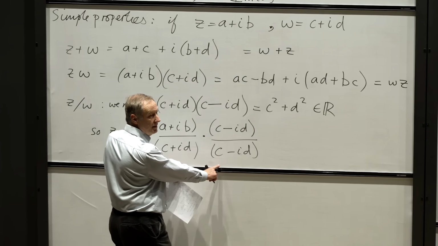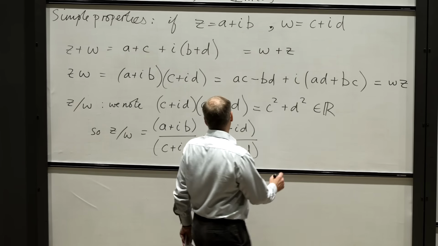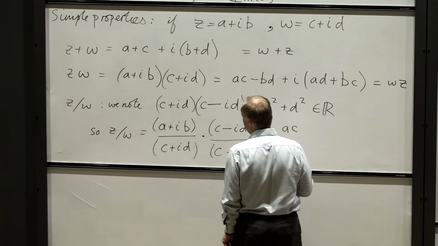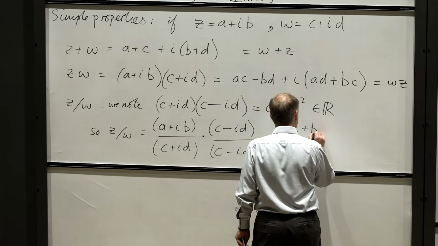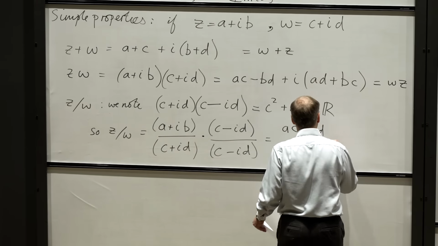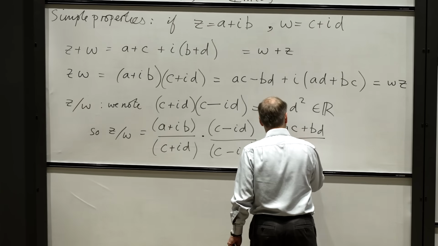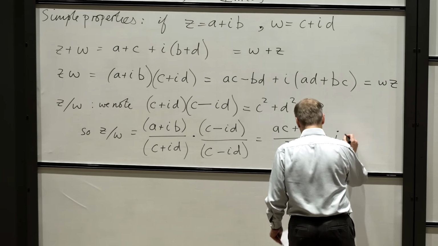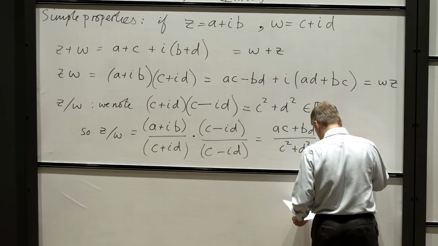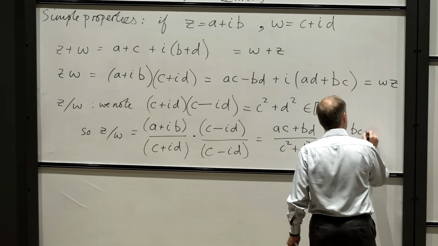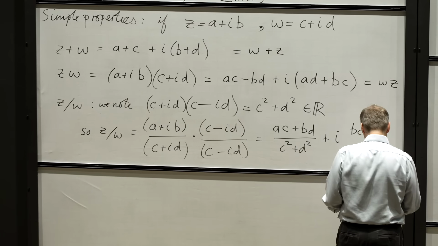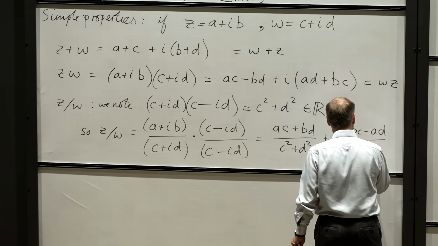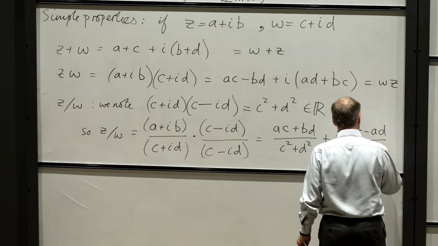And now I can multiply the bottom line, the denominator, and get that this is equal to, and I'm no good at these things, so AC plus BD, I guess, and therefore divided by C squared plus D squared. That's the real part, and the imaginary part is equal to, I'll write it this way, BC minus AD, is that right? BC minus AD, that's right, divided by, again, the same denominator, C squared plus D squared. Okay.